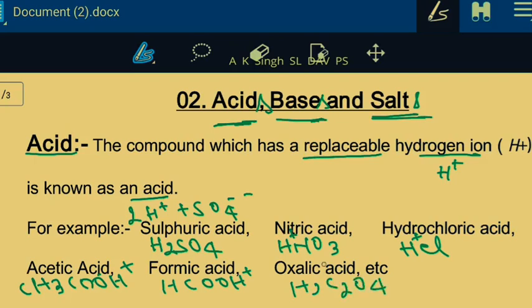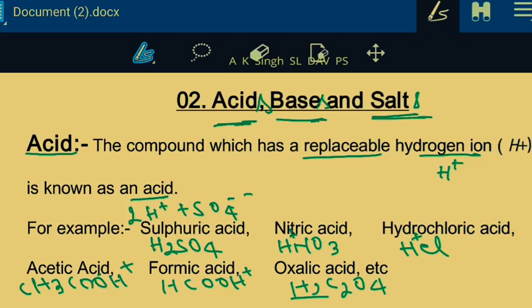H2C2O4 is oxalic acid, and it also has a replaceable hydrogen ion. So, if hydrogen is seen at the beginning of the formula, it is a replaceable hydrogen ion. In CH3COOH, the hydrogen at the end is replaceable, so hydrogen will be either at the beginning of the formula or at the end, present as COOH.